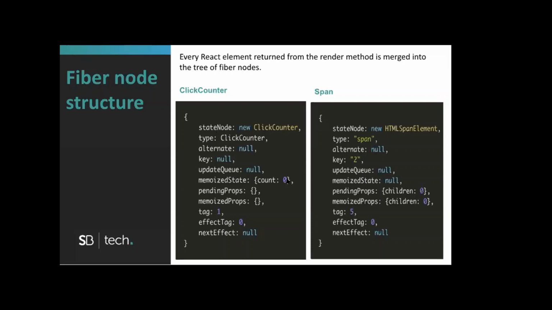Then we can see a key. It's a unique identifier within a group of children to help React figure out which item has changed, and it has a memoized state, pending props, and memoized props. This has its own kind of needs. The memoized state is the state of the Fiber that was used to create the output.